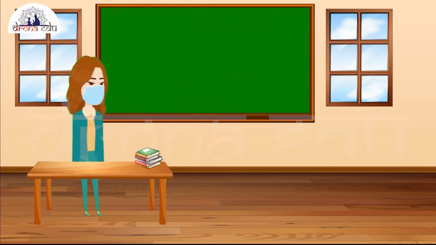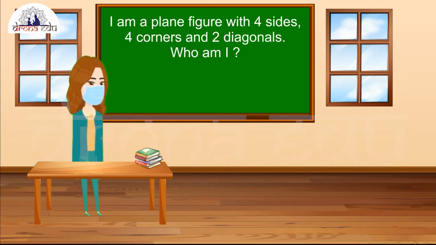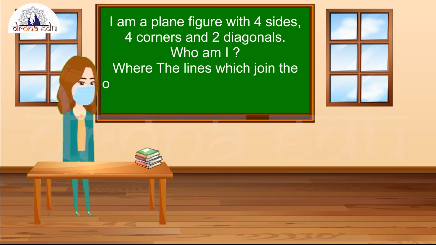Got it? So let's play the next one. I am a plane figure with 4 sides, 4 corners and 2 diagonals. Who am I? Here, the diagonals are the lines which join the opposite corners of a quadrilateral.